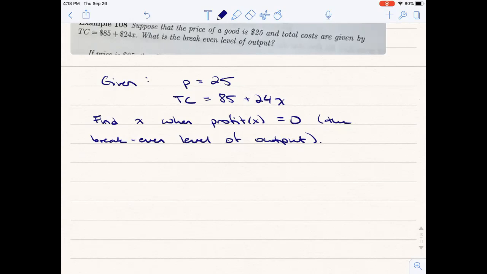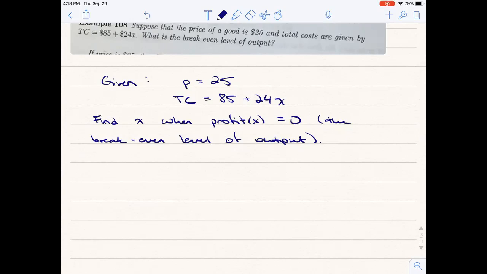Even if you're not able to solve for it specifically, telling me that you know that you have to solve for X when the profit is 0, right? That's worth something, and I can not give you a lot of marks, but I can give you some marks for that, right? So it's always good to just tell me everything that you do know and show off everything that you know to do.